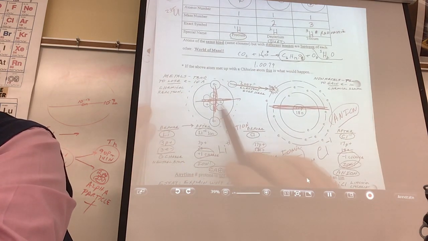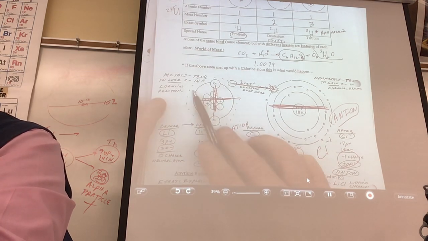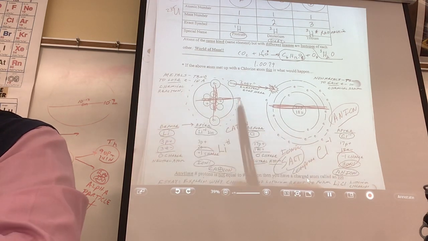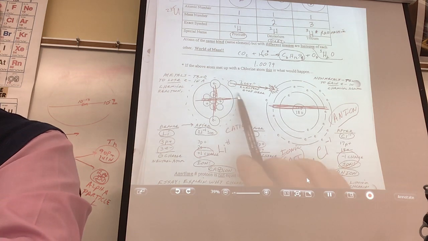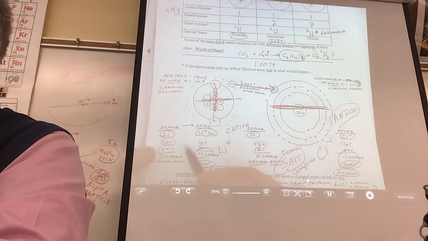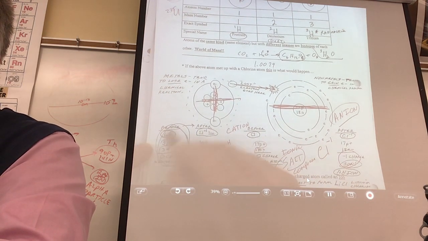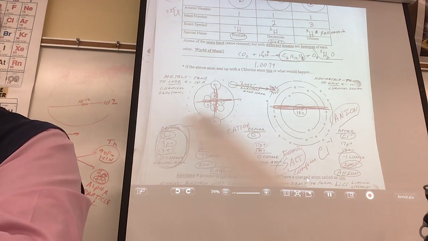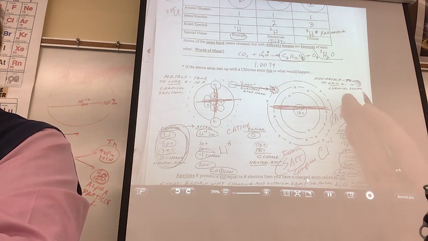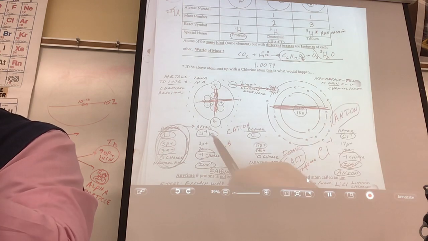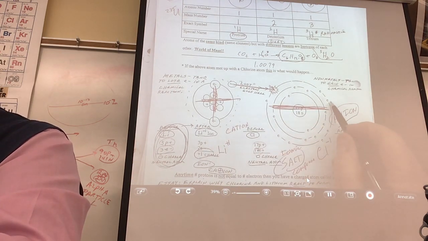So here's a metal, and metals have a tendency to lose negative electrons, and lithium likes to lose 1. So look at lithium. Lithium was a regular atom to begin with. We bring it close to a chlorine atom. Nonmetals want to gain, metals want to lose.